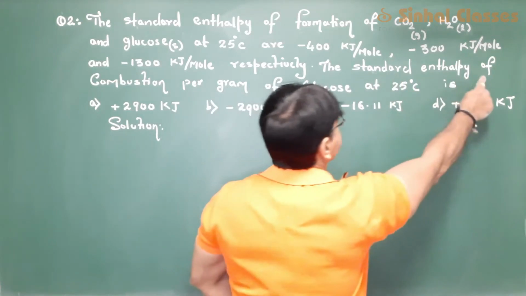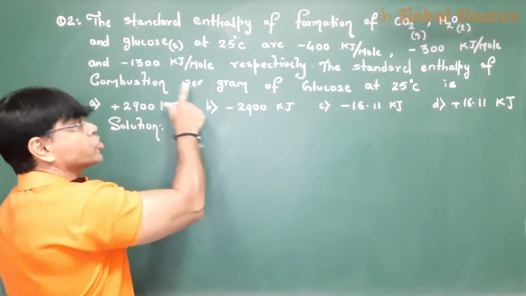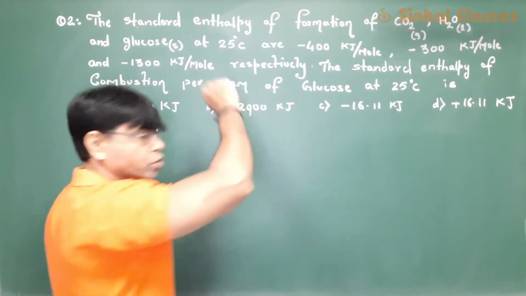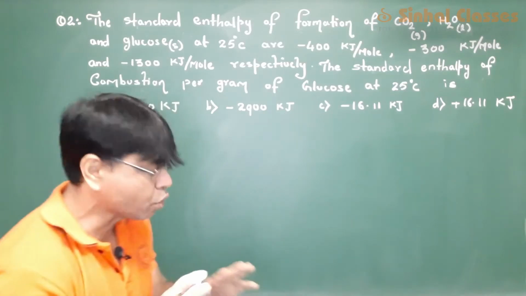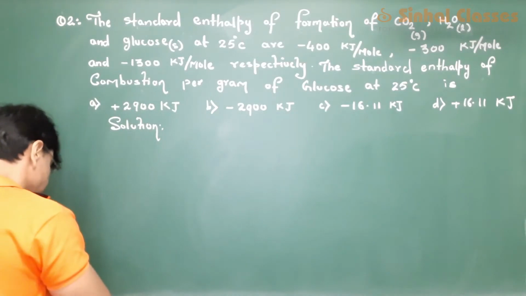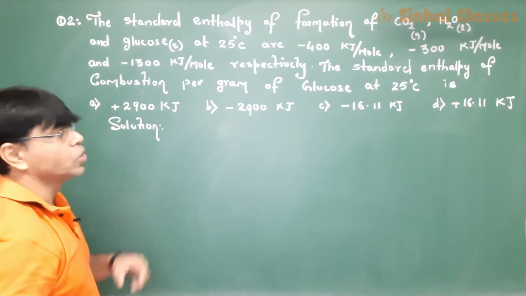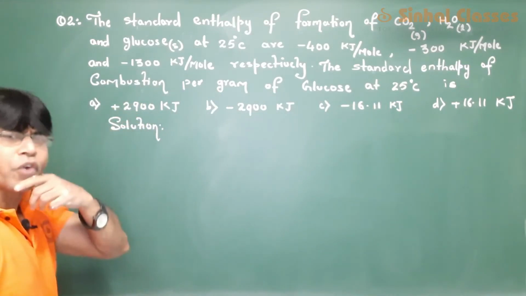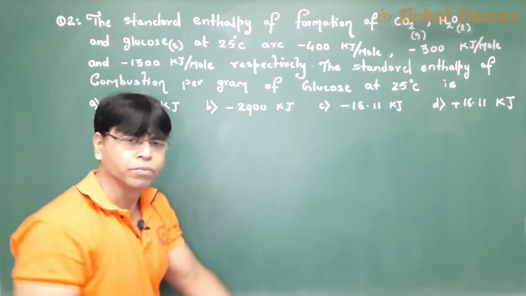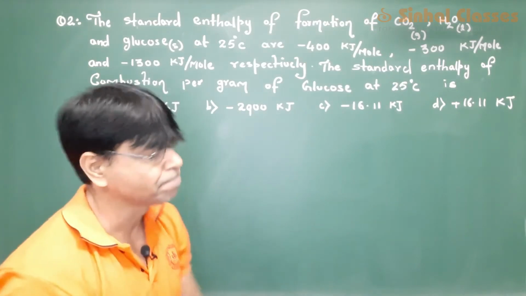The standard enthalpy of combustion per gram of glucose. You wanted it for per gram of glucose. So at 25 degrees, what will be the value for it? Standard enthalpy value for 1 gram you want.